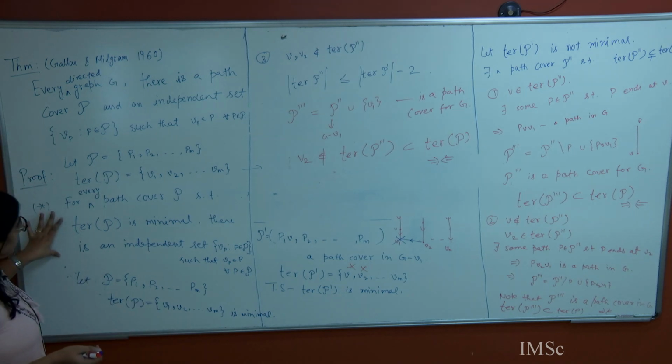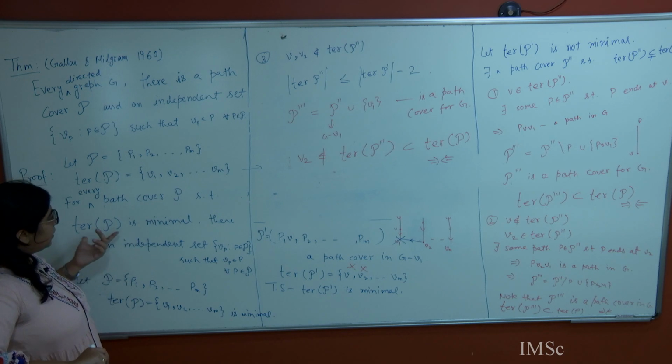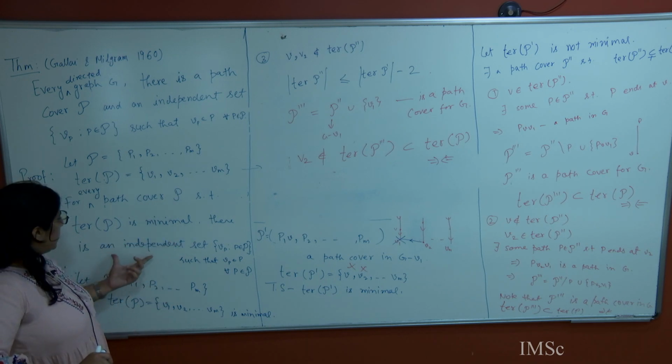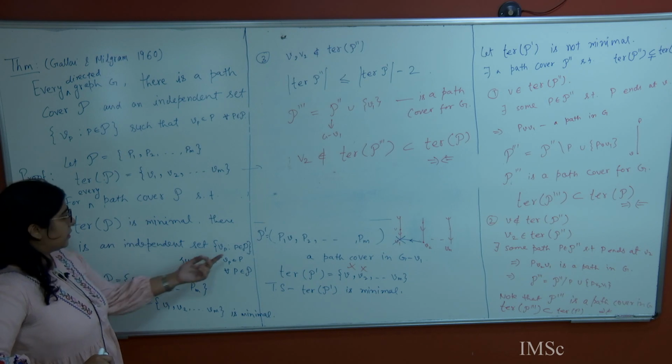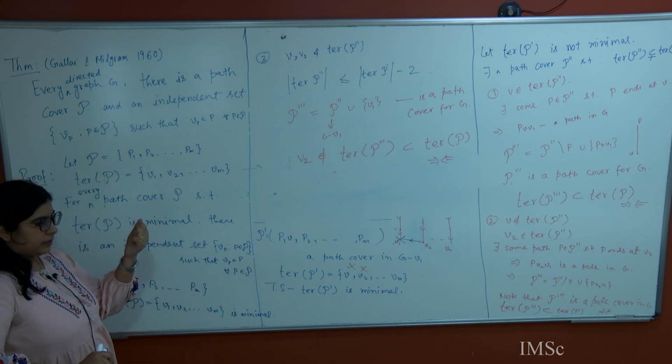Okay, and now I want to prove that for every path cover P cal, if the terminal set of P cal is minimal, then there is an independent set such that from each path in this path cover I have some vertex. Okay.